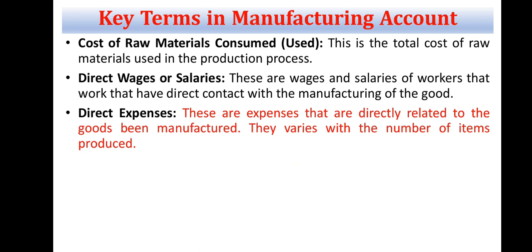Just like I explained earlier, if there is production, these expenses will occur. If production increases, the amount of the expenses will increase. If production decreases, the amount of the expenses will decrease. And when there is no production, there won't be expenses in this category, in the case of direct expenses.